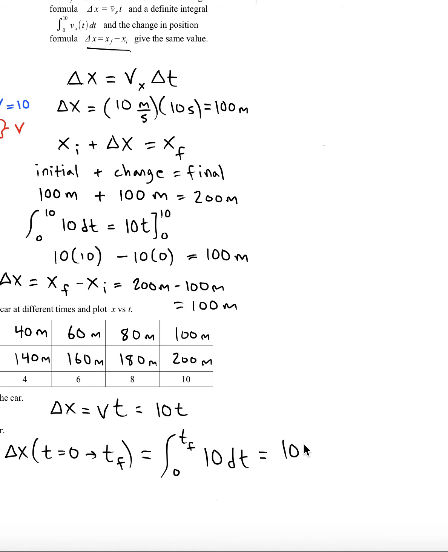And we'll evaluate from 0 to tf. And that's going to be 10 tf minus 0, which is 10 tf. We get the same formula as before.